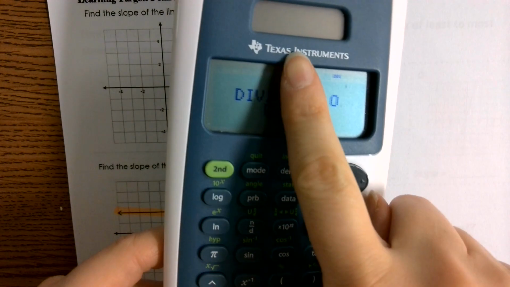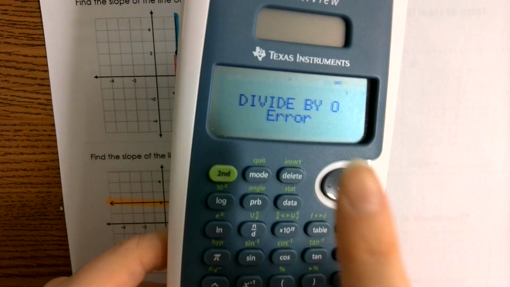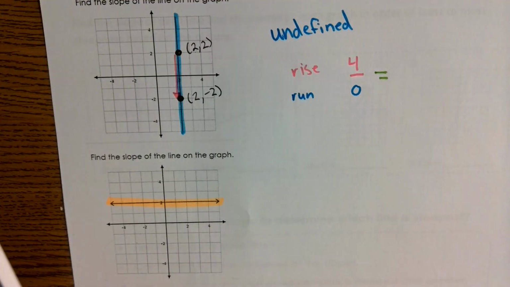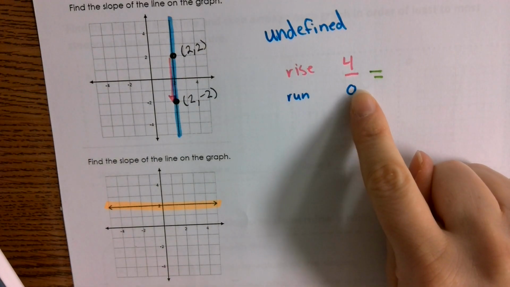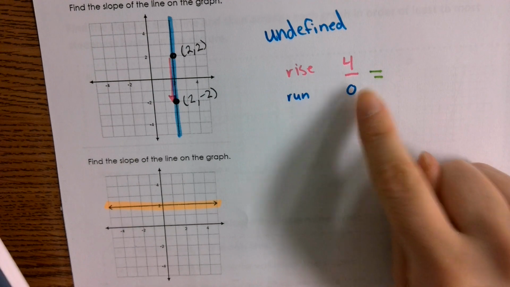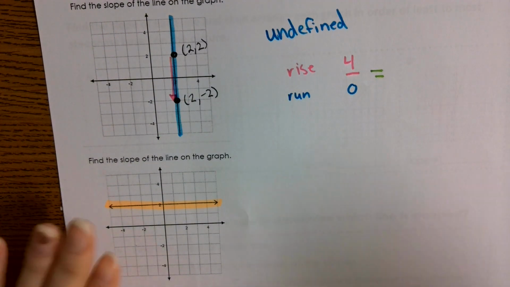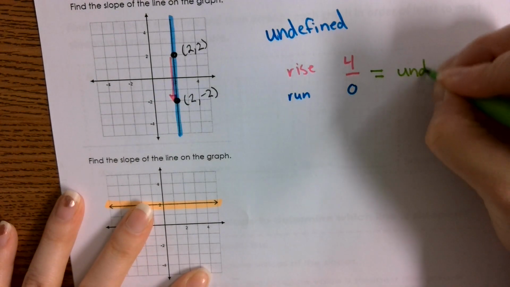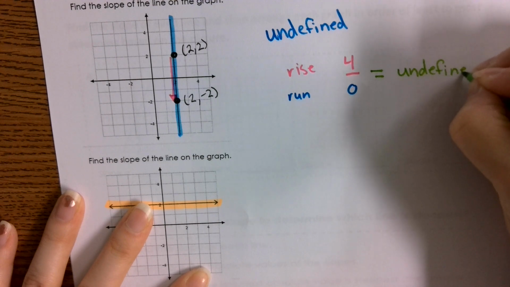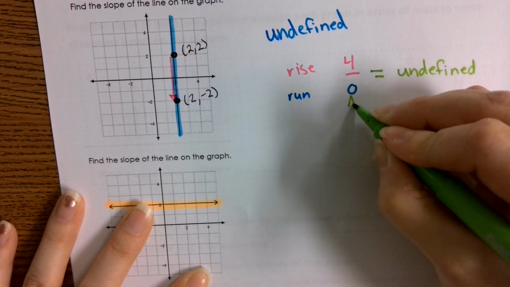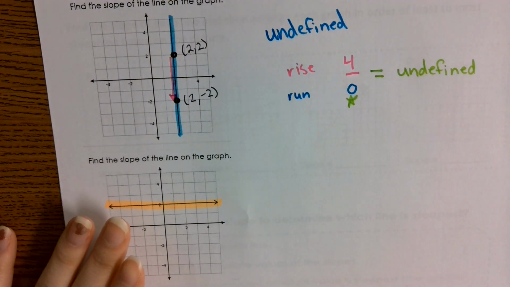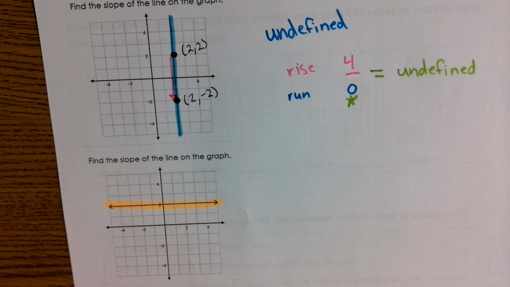Divide by 0. You have a divide by zero error because you are not allowed to divide by zero. You're not allowed to have zero as a denominator in a fraction. That is why it comes out as what we call undefined. You are not allowed to have a zero in your denominator. So that calculates out as undefined.